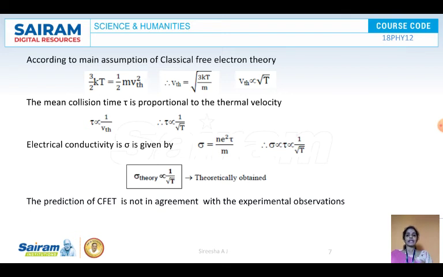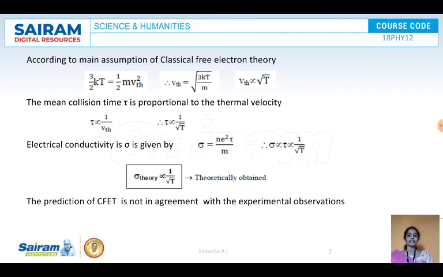The mean collision time is related to the thermal velocity. We know that mean collision time and the velocity are inversely proportional. Tau is directly proportional to 1 by Vth, or tau is proportional to 1 by root T. But we know that electrical conductivity is given by sigma is equal to Ne square tau by m.